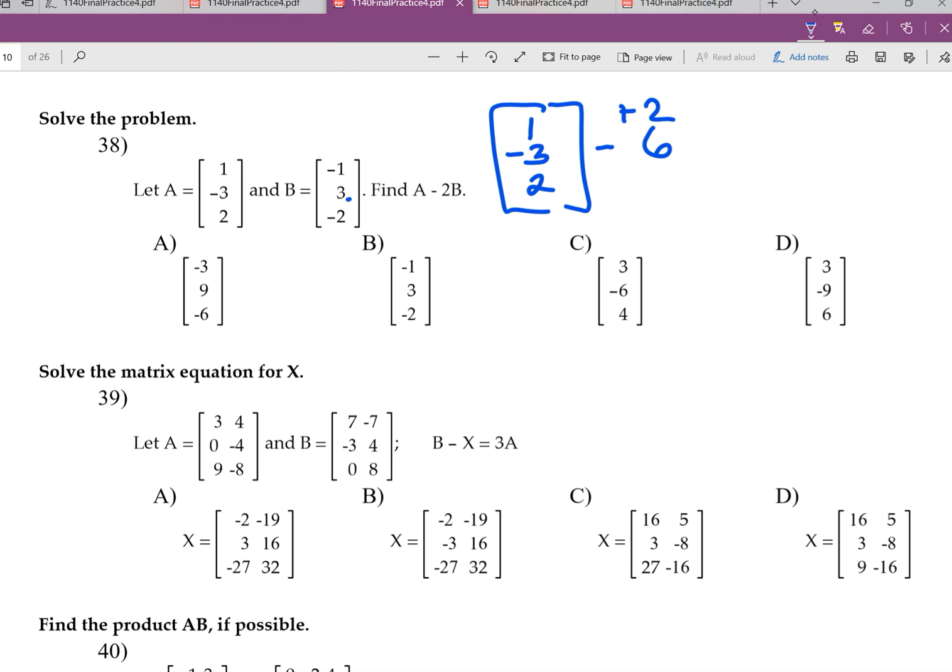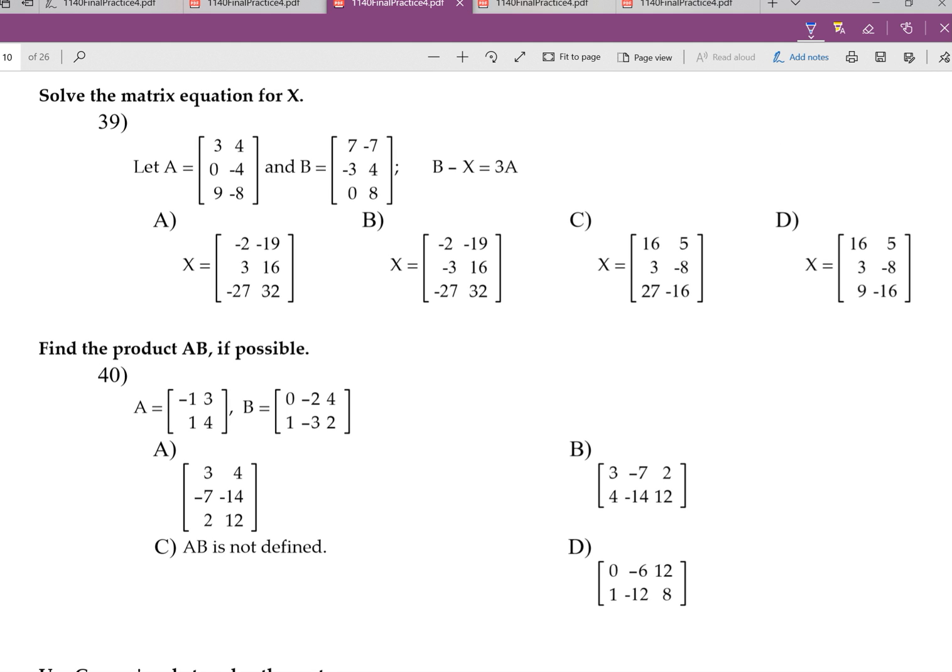And in this case, negative 2 times negative 2, positive 4. And so now we do our basic math. And so your answer choice should be D. You can see that 1 and 2 gives you 3, negative 3, negative 6, that's negative 9, 2 and 4, that's 6.